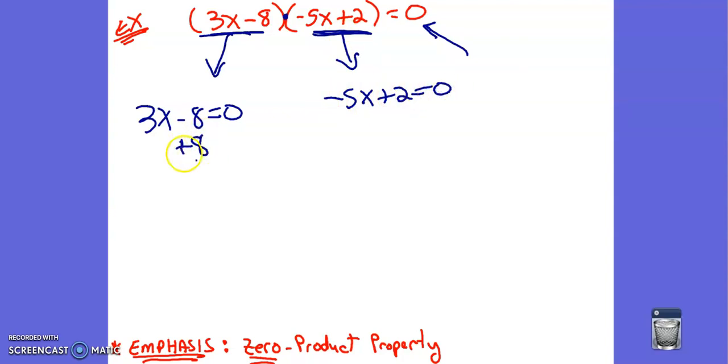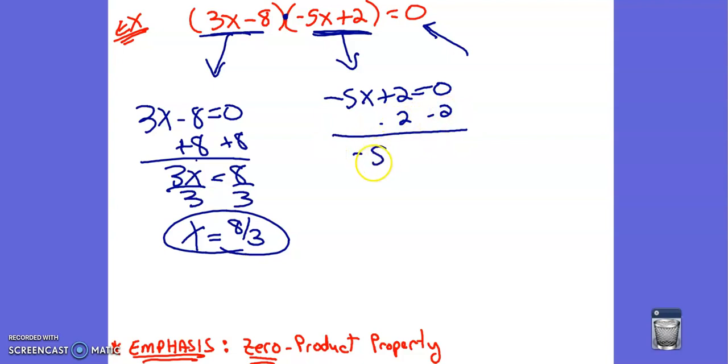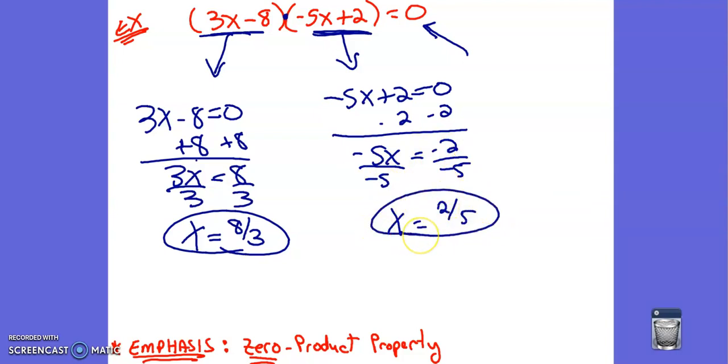So you're going to add 8, divide by 3, so x is 8/3, so 8/3 will make it equal to 0, and then minus 2, minus 2. So x equals 2/5. So these are my two solutions that will make it equal to 0.